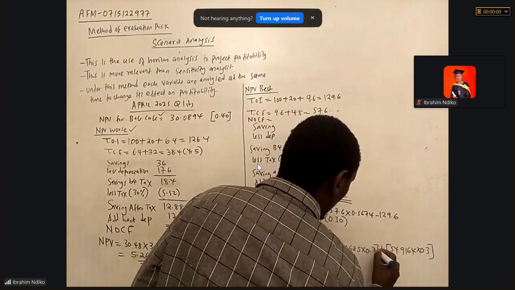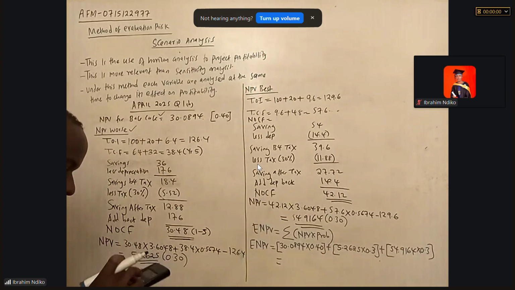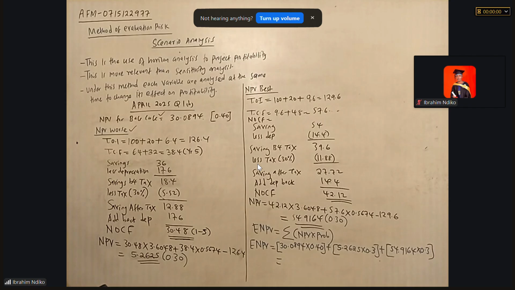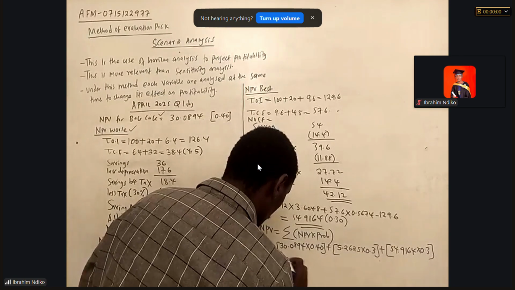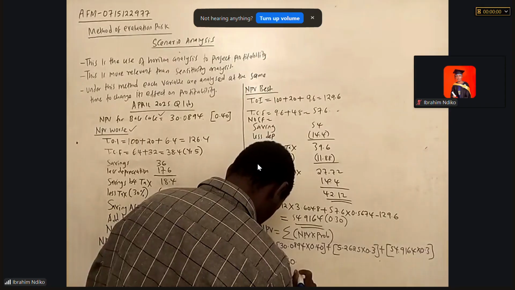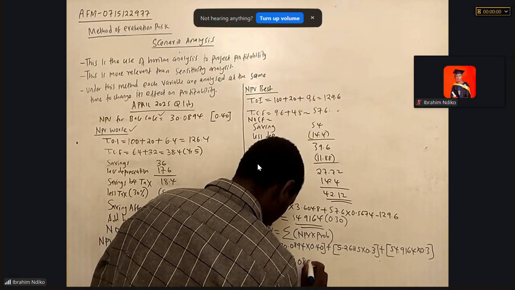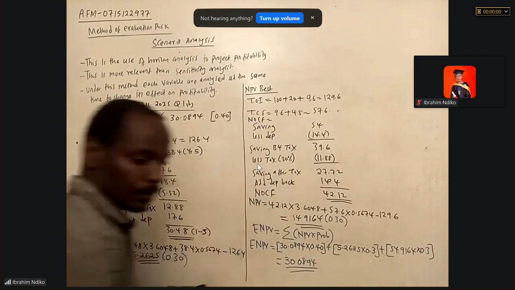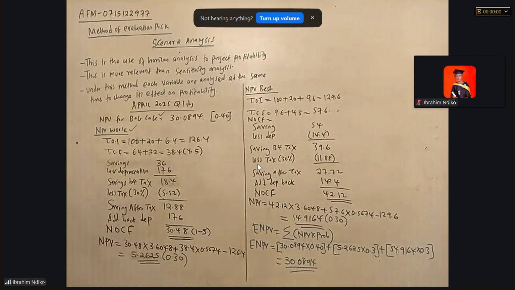Moja supposed ni to be 3. Itakuwa 30 point. Is that the answer?